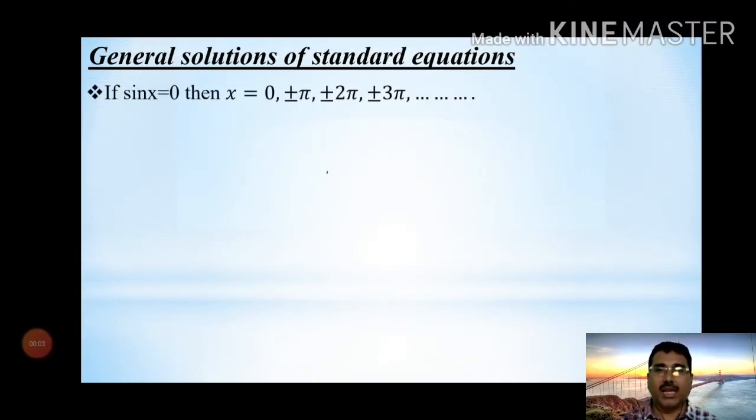If sin x equal to 0, then x is equal to 0, plus or minus pi, plus or minus 2 pi, and so on.